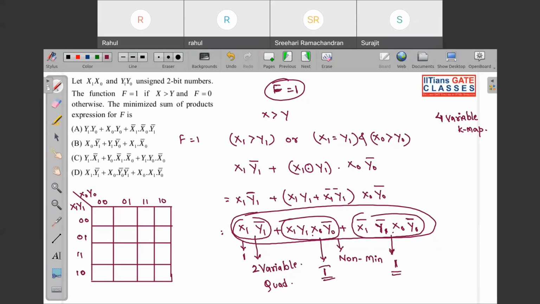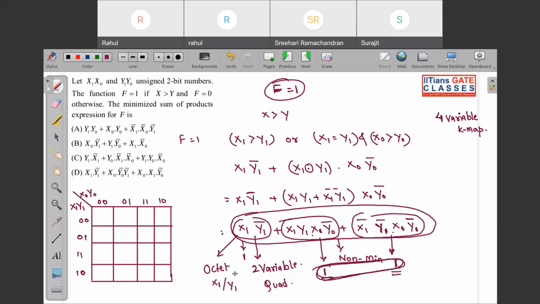If I make a group of 2, listen very carefully, you cannot minimize this anymore. Why? Because if this was getting minimized, the quad would get converted to an octet. An octet means there would be a single variable, either x1 or y1 or x1 complement, y1 complement, whatever might be present.